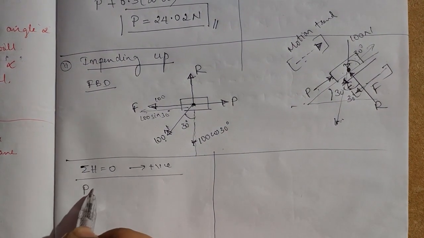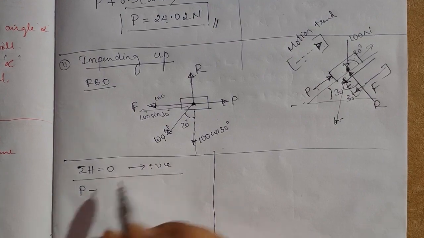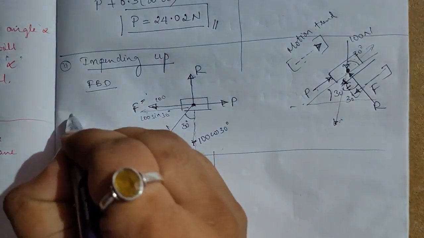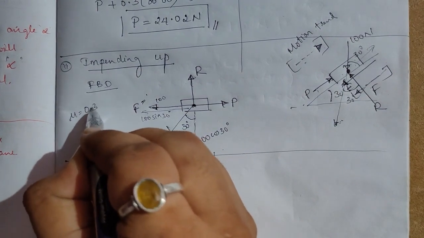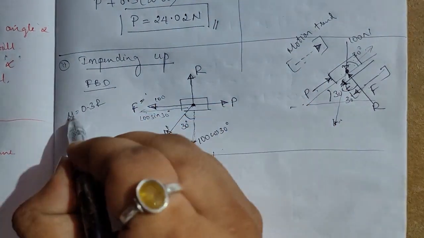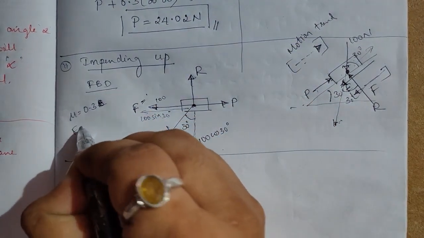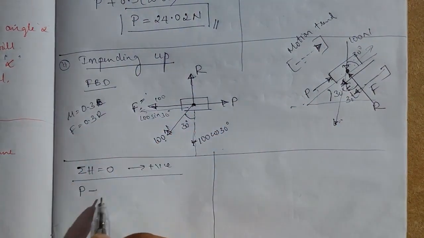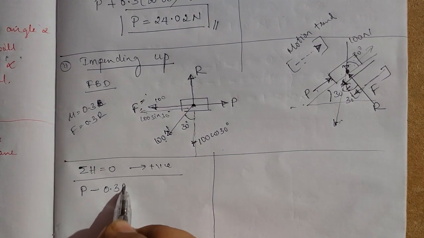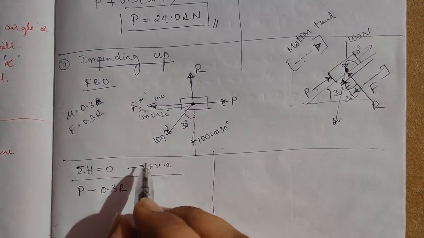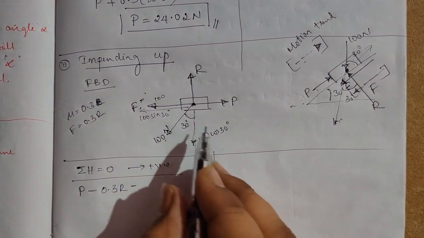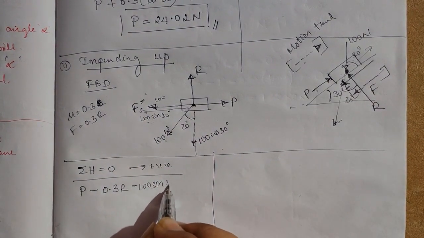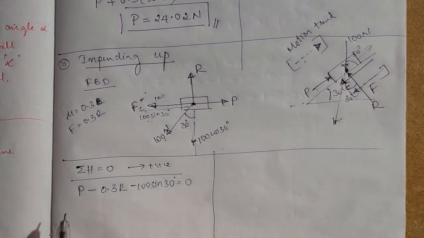P I'll take first as it is positive. P minus this F, what is the mu value? 0.3 R. So F value is 0.3 R. Then minus this one, 100 sin 30 degree, is equal to 0.